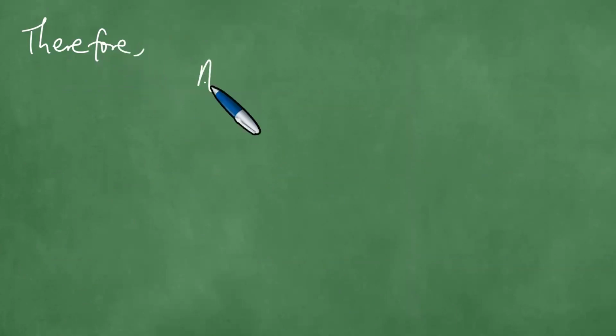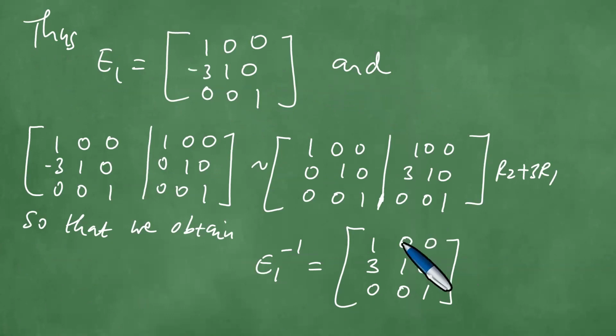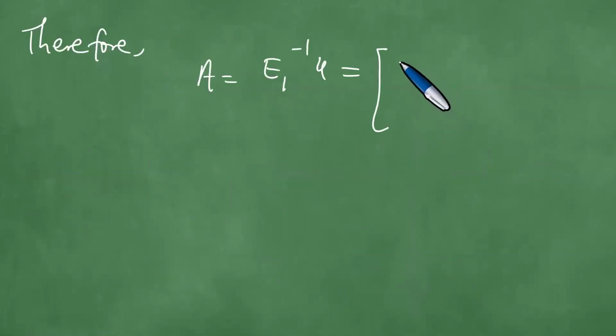Right, so therefore, the matrix A, we have already seen that, can be written as E1 inverse U. And what is E1 inverse? E1 inverse is actually 1, 0, 0, 3, 1, 0, 0, 0, 1.